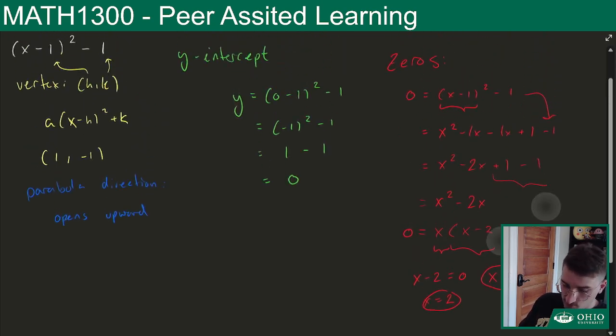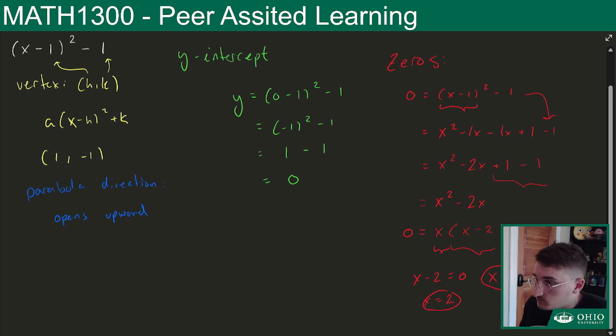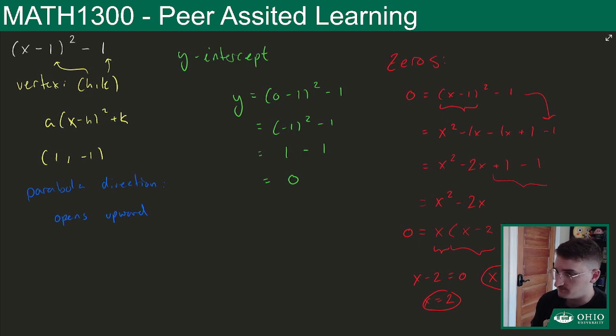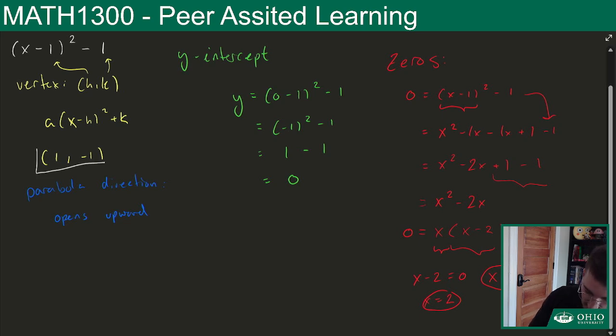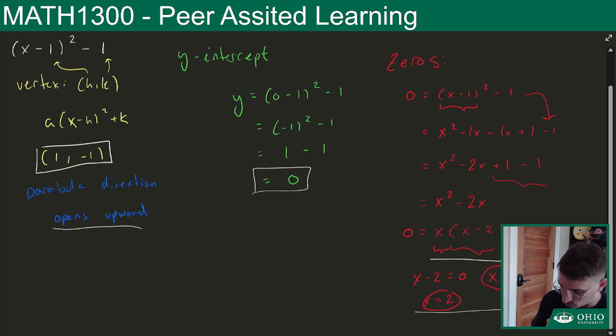If we go through and look at everything that we have solved here, we can now start to put together a picture of this function. So let's review. We have a vertex of 1 comma negative 1. We know our parabola opens upward. We have a y-intercept of 0, and we have 2 roots at 0 and 2.